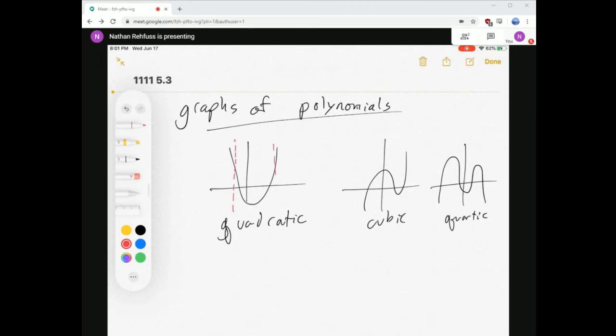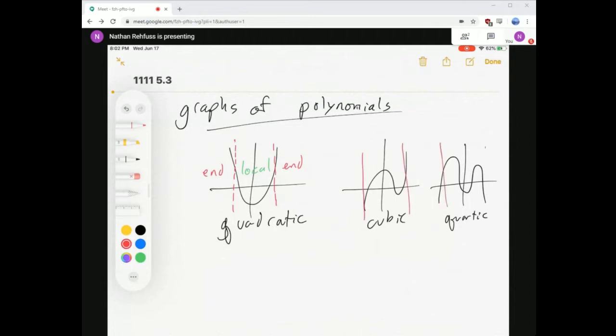I'm going to do local in green real quick. I'm going to call the inside local, and I'm going to call the outside the end. And what differentiates them is that the local contains all the roots and all the turning points.